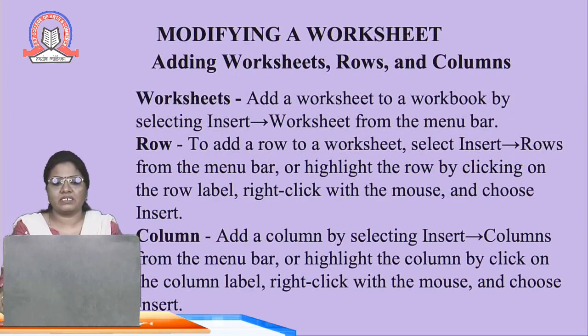Modifying the worksheet. Adding and modifying worksheets is also possible. Add a worksheet to the workbook by selecting Insert Worksheet from the menu bar. A row can be added by right clicking on the rows or from the menu.